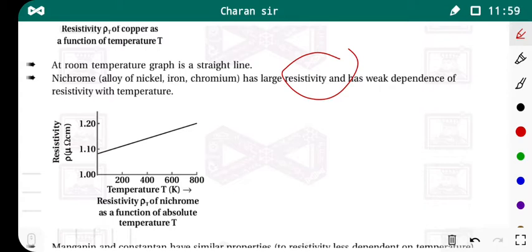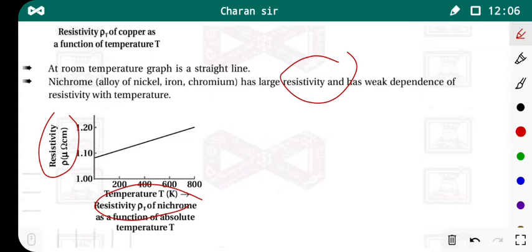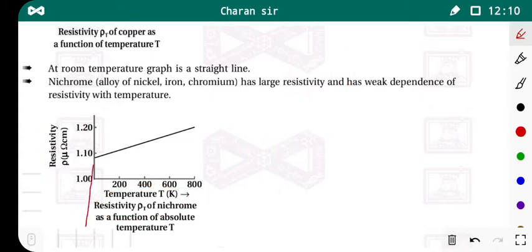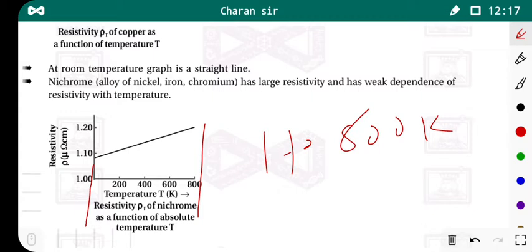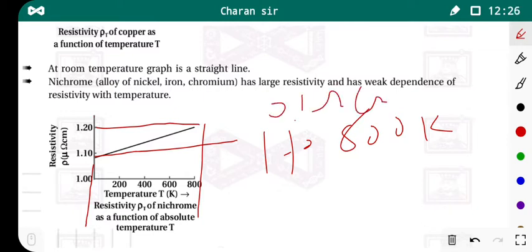You can see here the temperature is given in Kelvin, and the resistivity in ohm centimeters. The temperature is increased from 1 to 800 Kelvin, but the resistivity increases only slightly, by about 0.1 ohm centimeters.